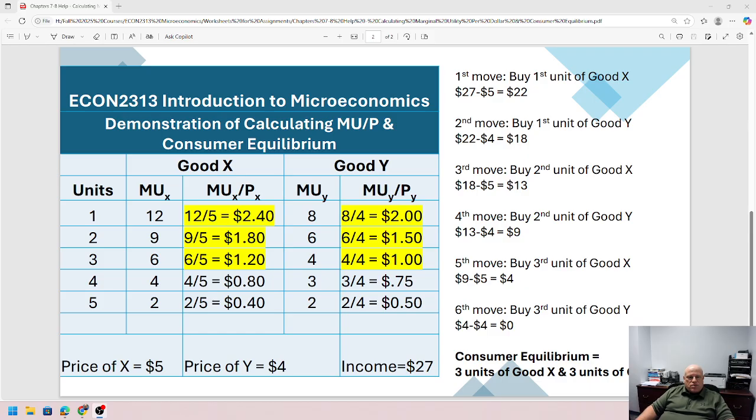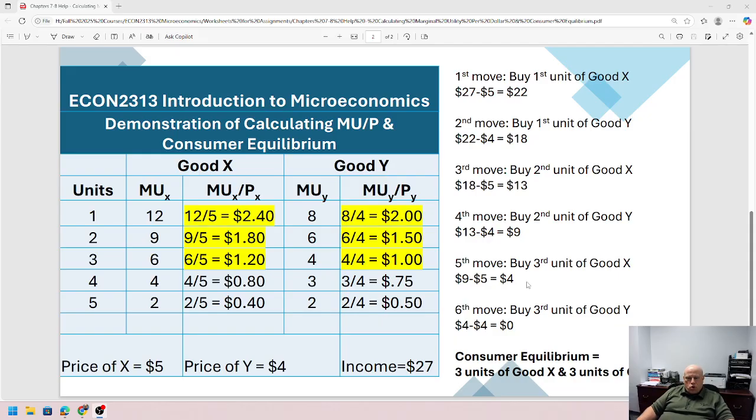After that second unit of good X that we purchased on the third move, our fourth move is going to be to buy the second unit of good Y, because it has a value of $1.50, whereas the third unit of good X is only $1.20. Again, we're trying to maximize, looking at the highest values on each move. That's $13 minus $4 to buy that second unit of good Y, so we have $9 left from our budget.